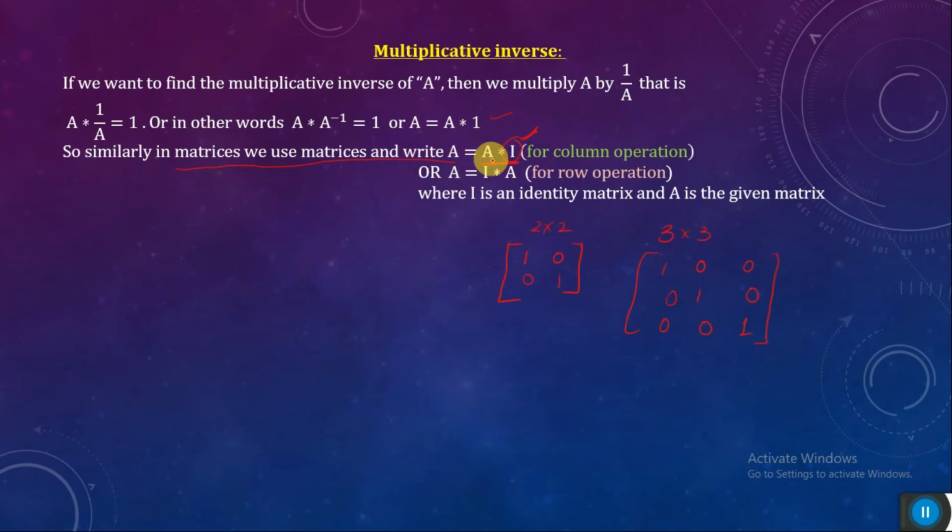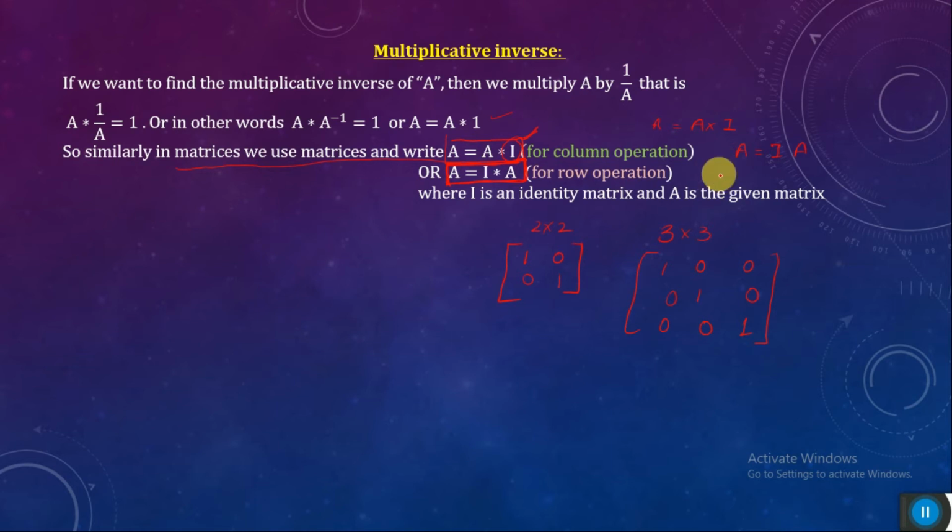So for column operation you will use this method, and for row operation you will use this method. I'll show you how to use this. But know that when you are doing column operation to solve a problem, you will write a equals to a into I. When you are doing row operation, you will write a equals to I into a.